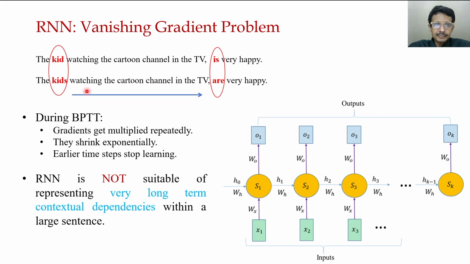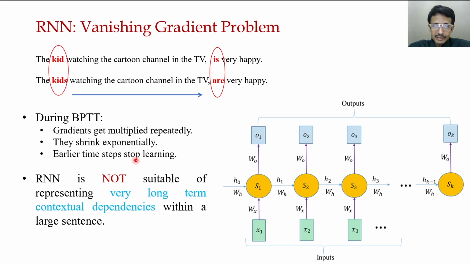Since this is a very big sequence, and gradients keep on being multiplied, there are gradients at every time instance from the final time instance to the initial time instance, and the gradient becomes very close to 0, and that essentially stops learning. This is basically the vanishing gradient problem.